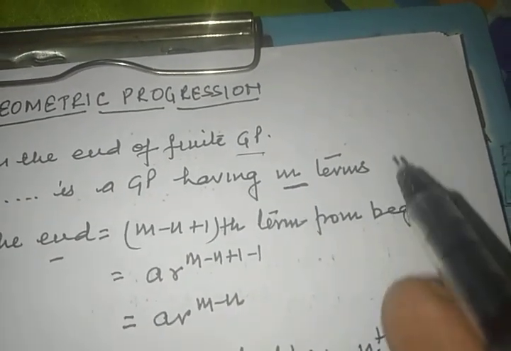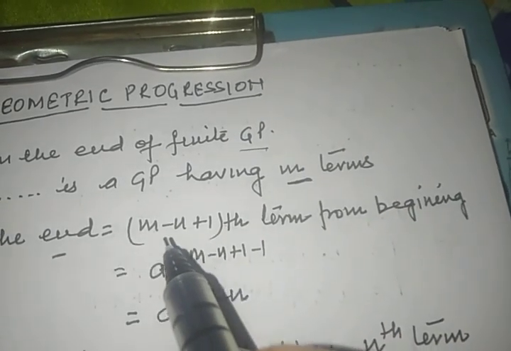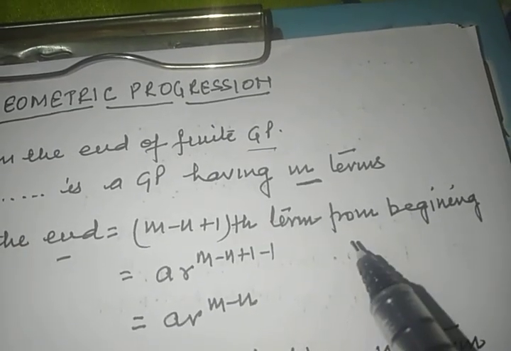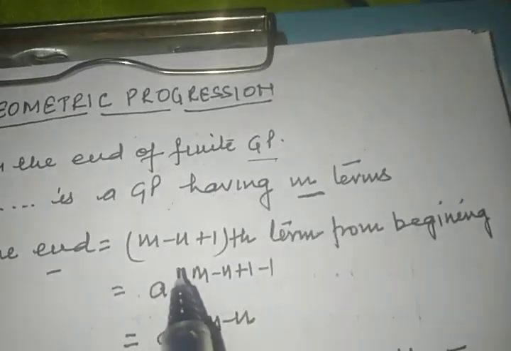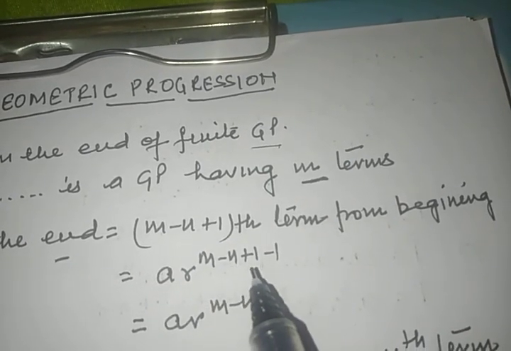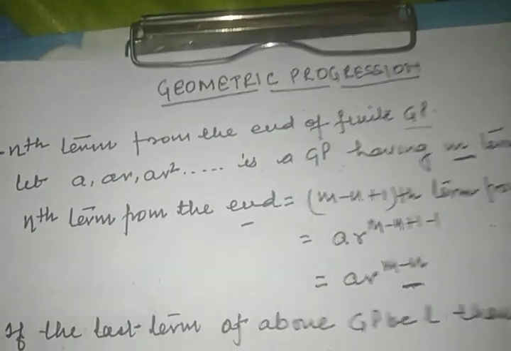You can calculate by taking 5 or 4 or 6 or 7 terms, it will come like this only. So the value of the (m minus n plus 1)th term will be ar to the power (m minus n plus 1 minus 1), that is ar^(m minus n). So this will be the nth term from the end.